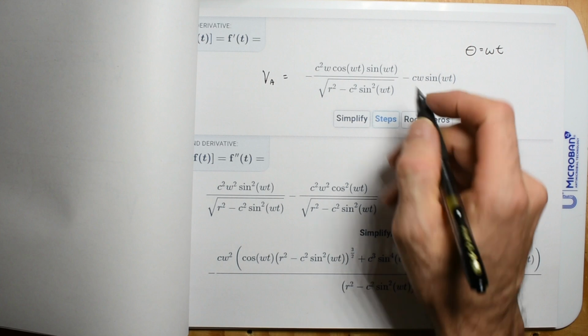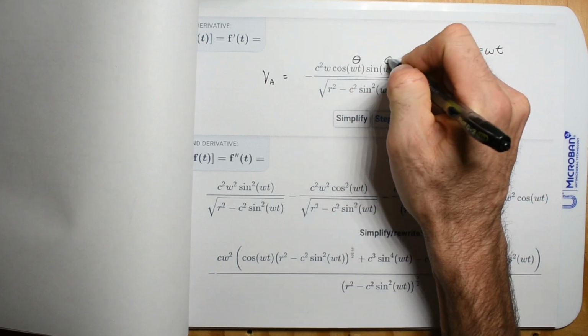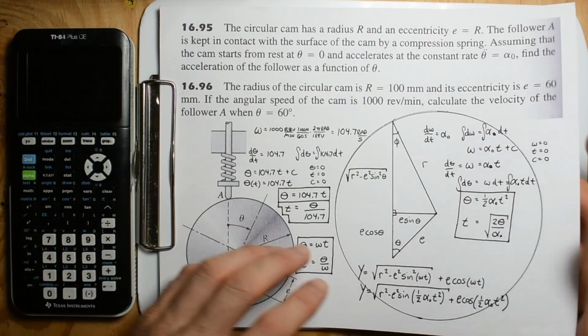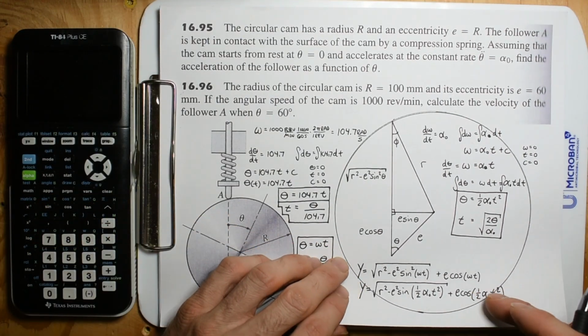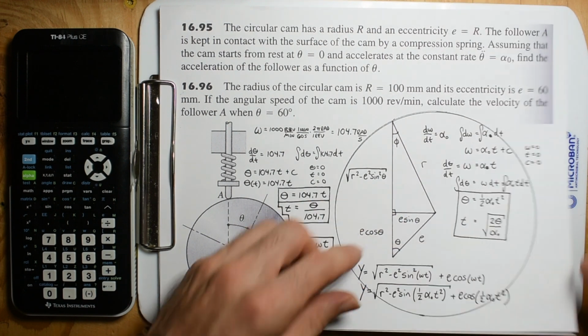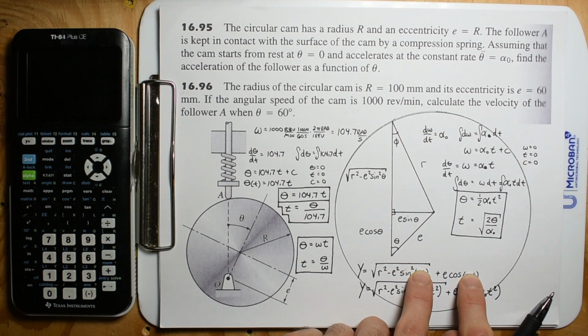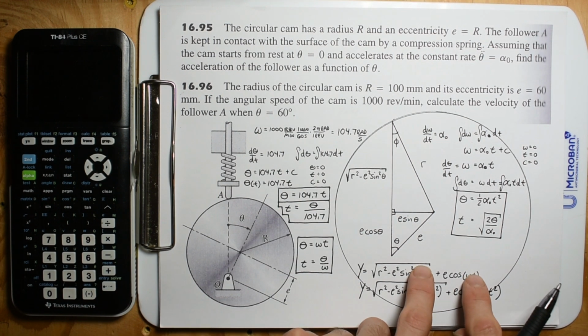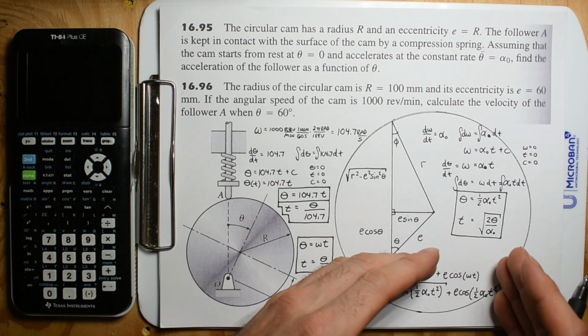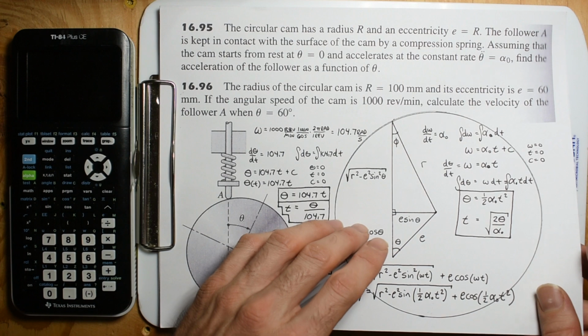But we could also easily get it as a function of theta, because we'll just replace these with theta. But what you can't do is throw this equation in the derivative calculator if you have theta in here, because that'll just take the derivative of this equation with respect to theta, and that's not velocity. You have to use the chain rule to get velocity.